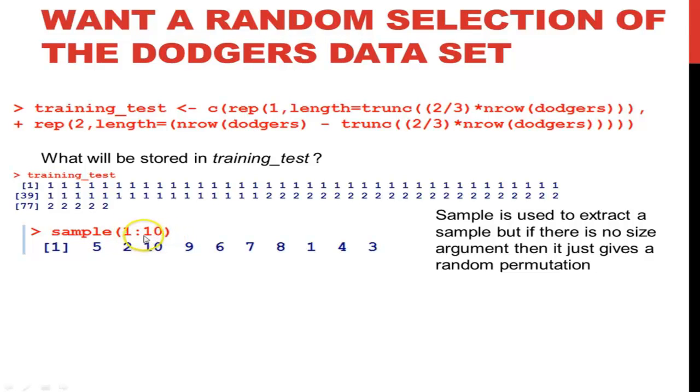But here, how many arguments is sample taking? Just 1 argument. So in that case, it does something special. But otherwise, try sample 1:10, comma 3. What do you get? 5, 2, 3.